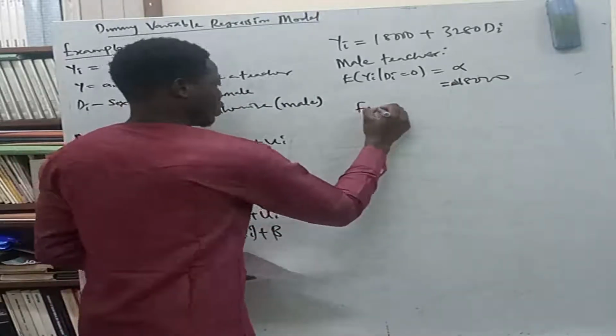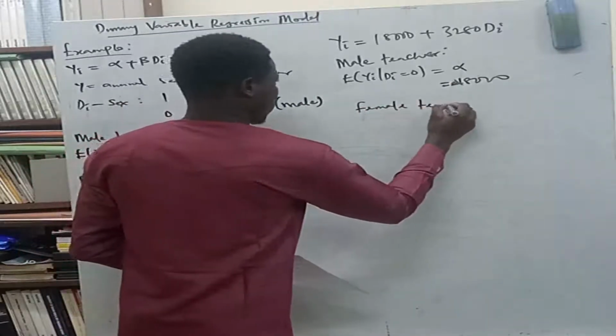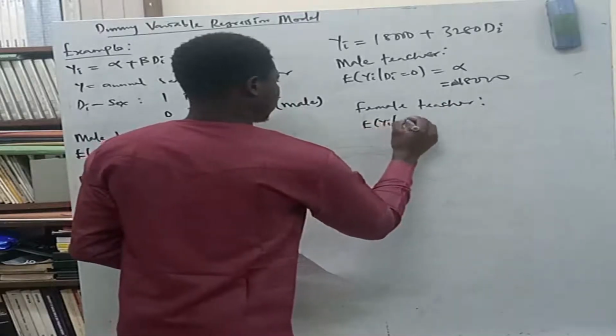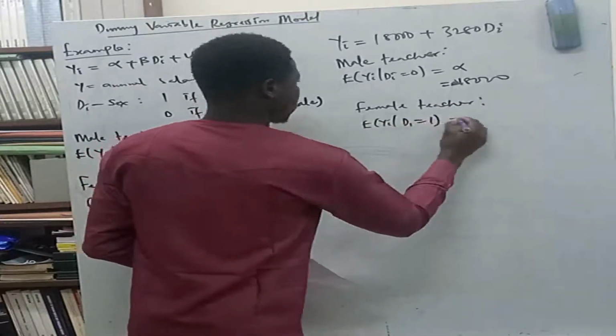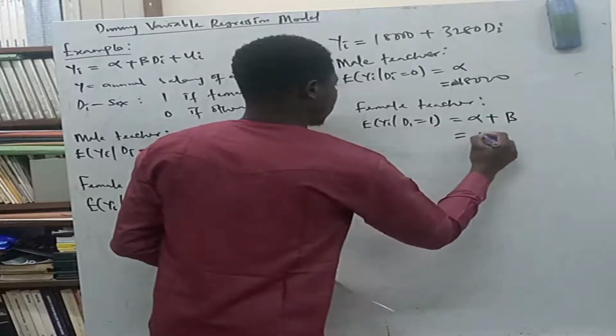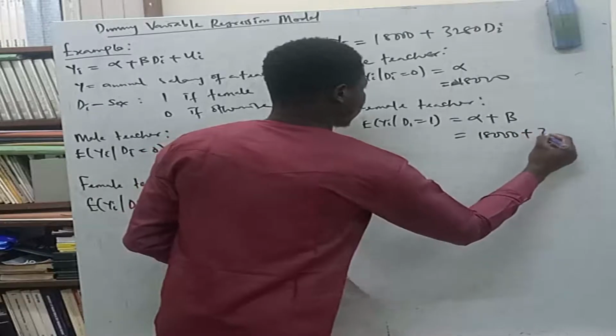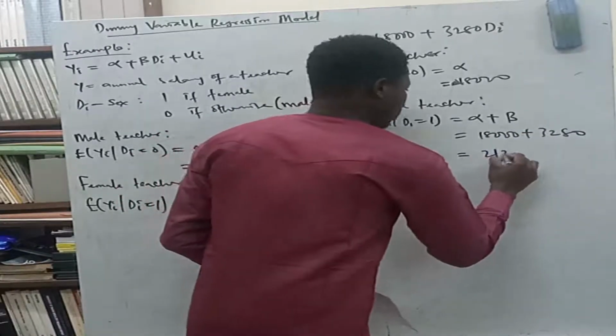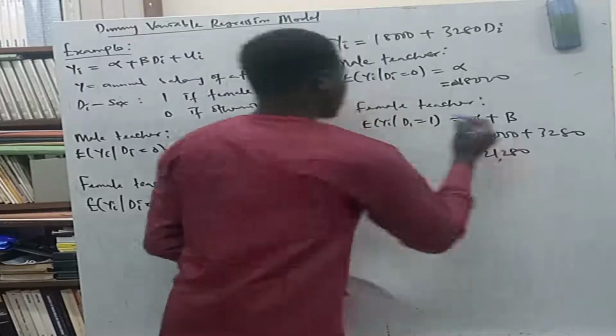Then for the female teacher, D_i equals 1. That's alpha plus beta, so that gives 18,000 plus 3,280, which is 21,280, if I'm not mistaken.